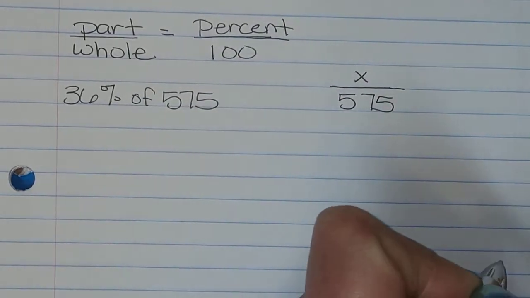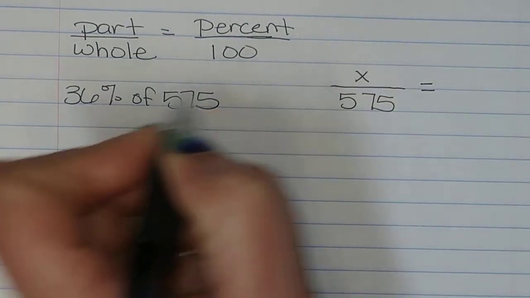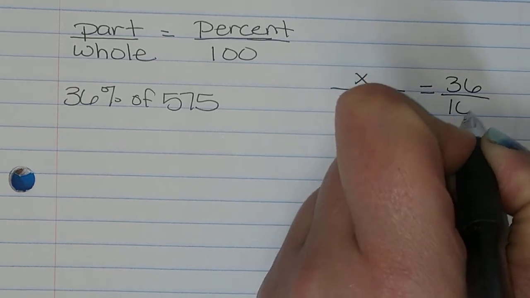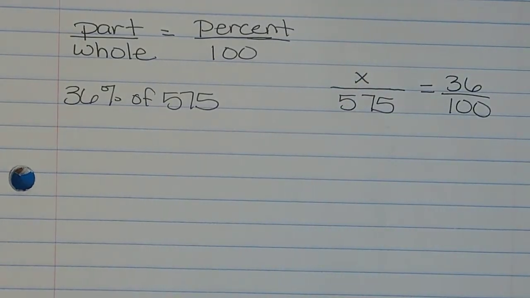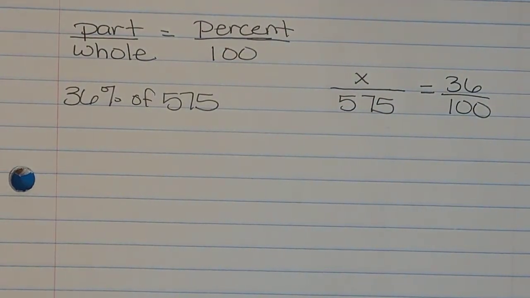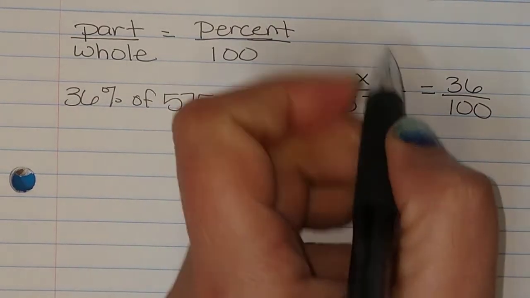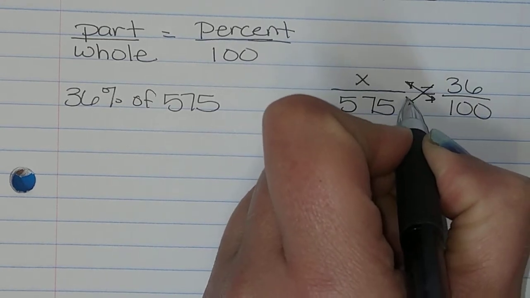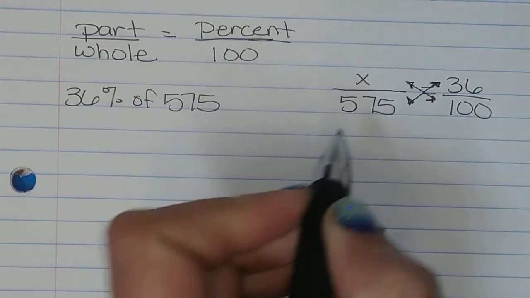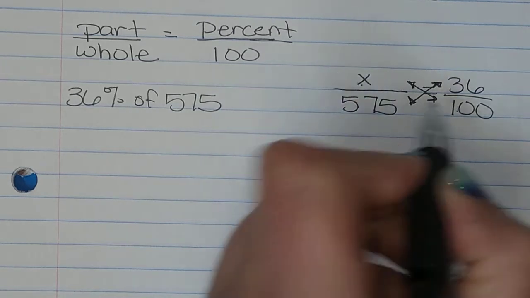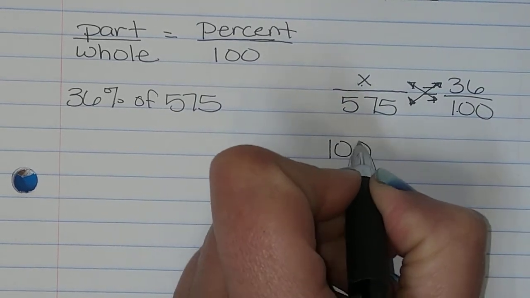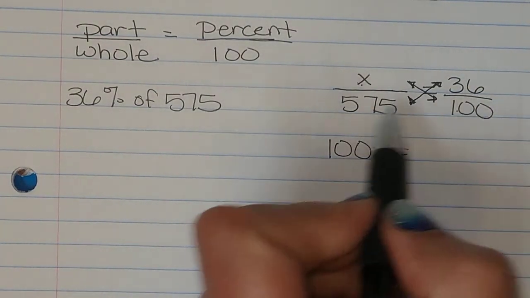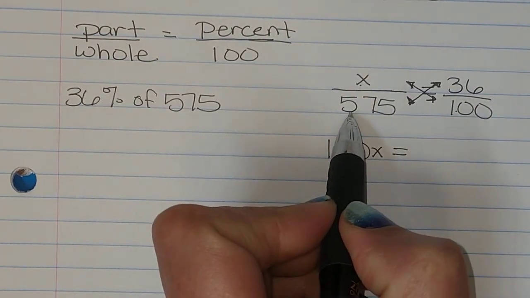Let's make it X. That's going to be equal to my percent, so 36 over 100. If we do some cross multiplying, we'll be able to find our answer. Again, cross multiplying, you look across. First, we have X times 100, or 100X. And that's going to be equal to 36 times 575.